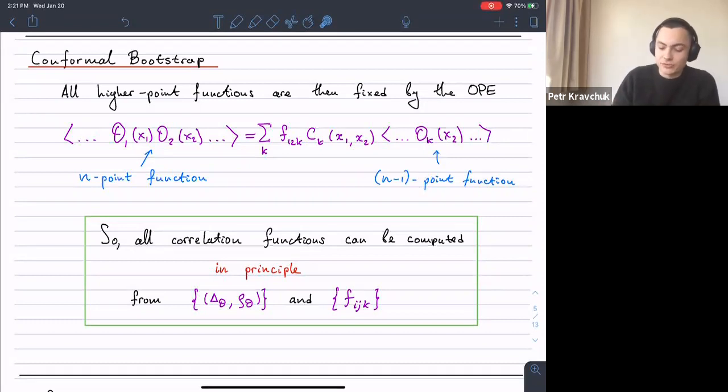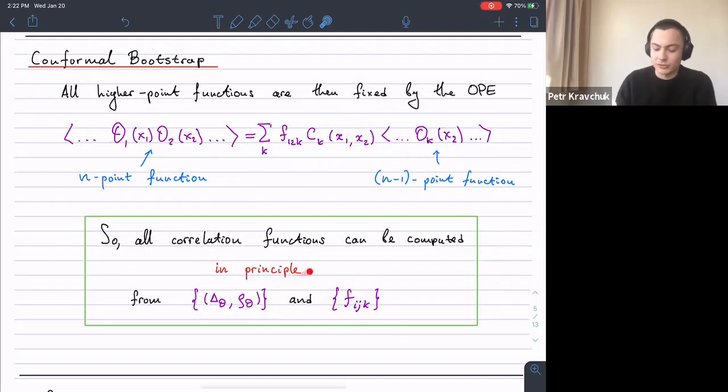So we have an expansion for the n-point function in terms of (n-1)-point functions, and using this we can always reduce our n-point function, repeating the OPE, to a 2-point function. So in principle, using the OPE, all correlation functions can be computed from the set of scaling dimensions and Lorentz representations and these coupling OPE coefficients f_ijk.